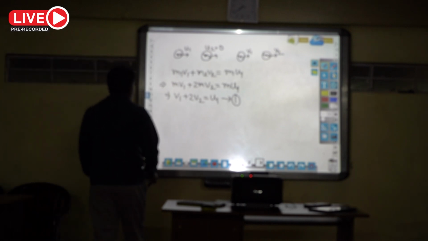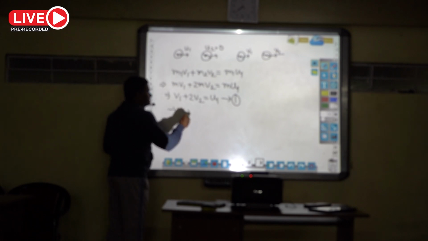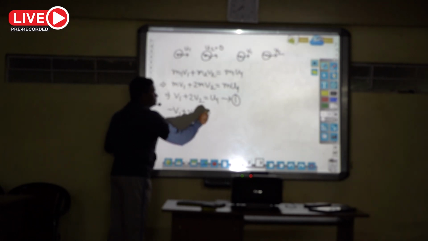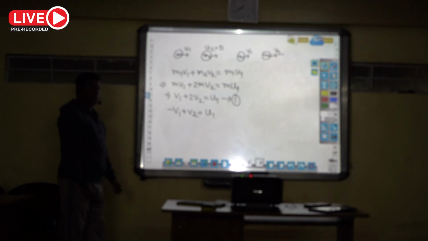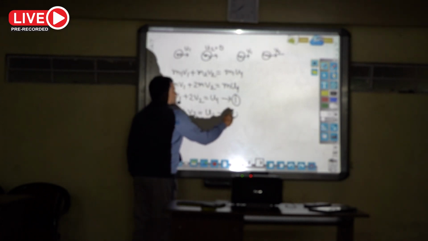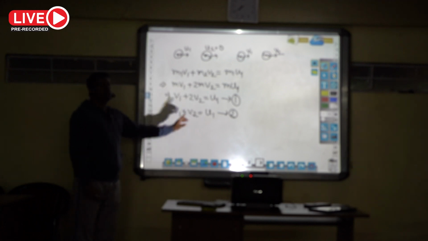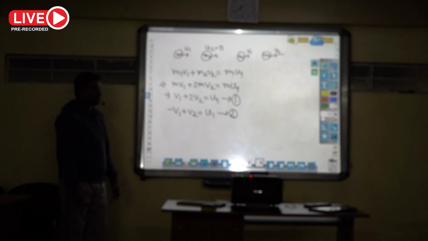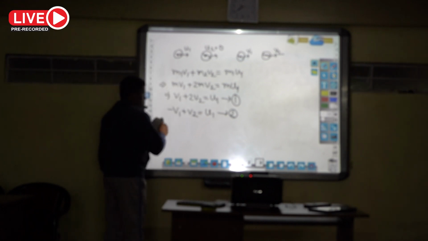So from that I can write v2 minus v1, means minus v1 plus v2 equal to u1. So this is my second equation. Now we can solve this to find v2.